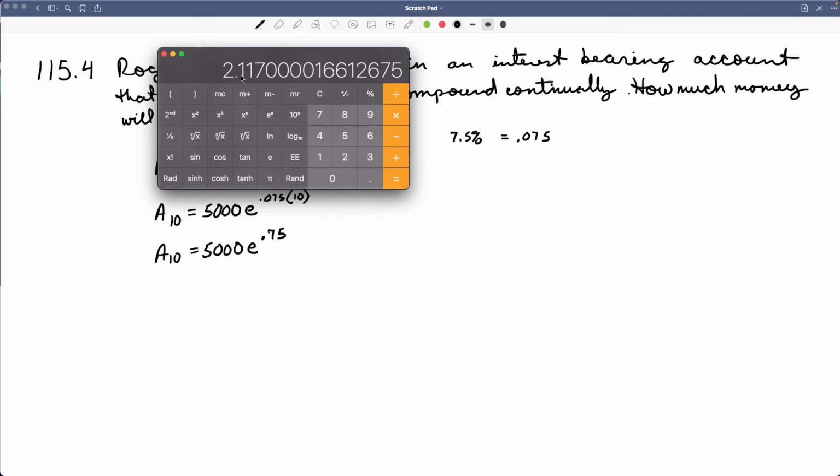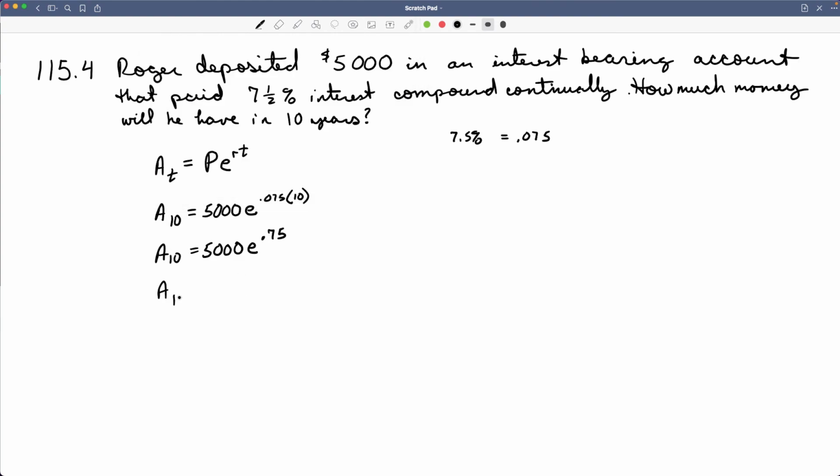You could leave it as 2.117, because that would be the natural place that I would normally round it. But the book rounds it to 2.12 because it is a 7 and it's greater than 5, and usually, when it's over 5, it's a no-brainer to round up. So that's what we're going to do. We're going to say the amount in 10 years is going to equal 5,000 times 2.12.